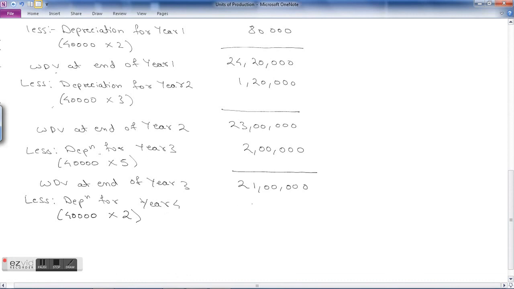That comes to 80,000. So WDV at the end of year 4 is 21 lakh minus 80,000, that is 20 lakh 20,000. Okay.